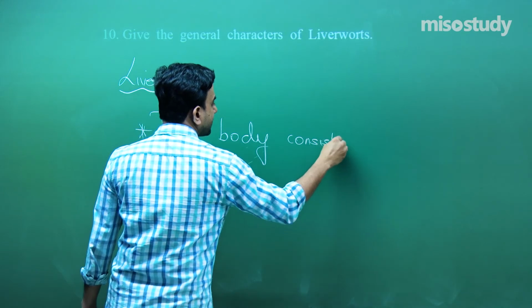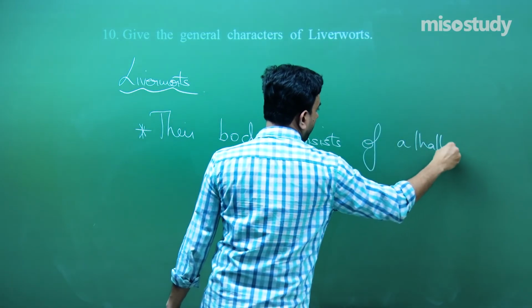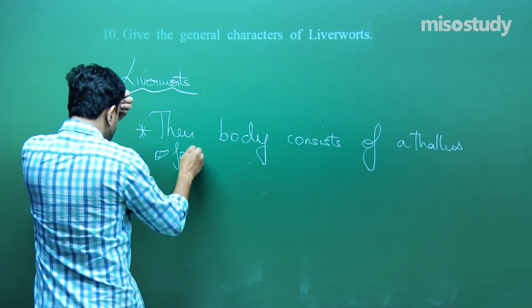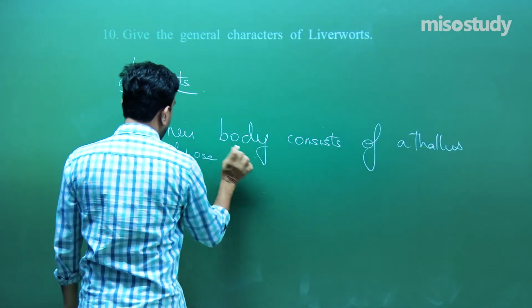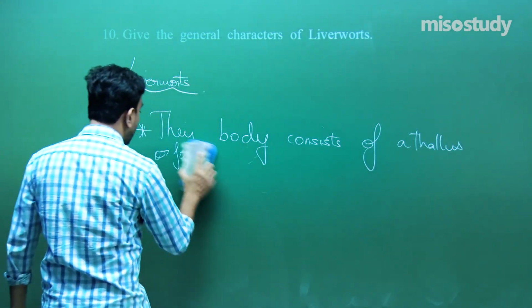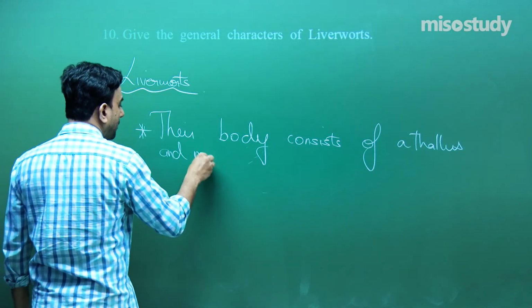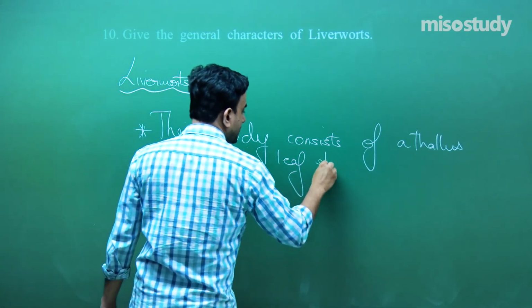Their body consists of a thallus or foliose, and may be leaf shaped.